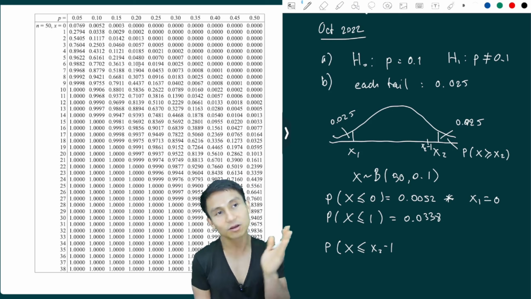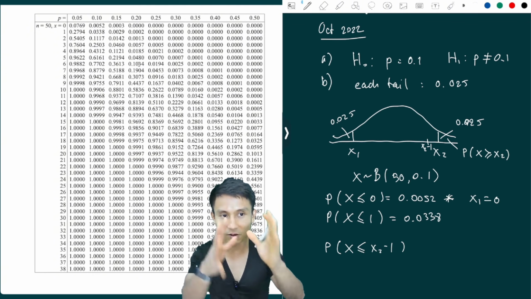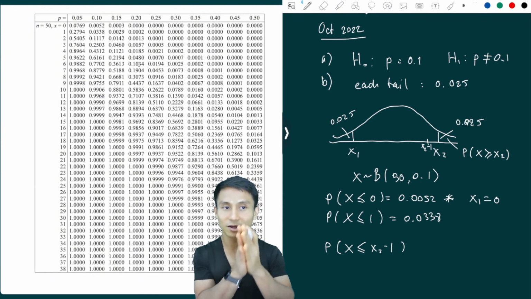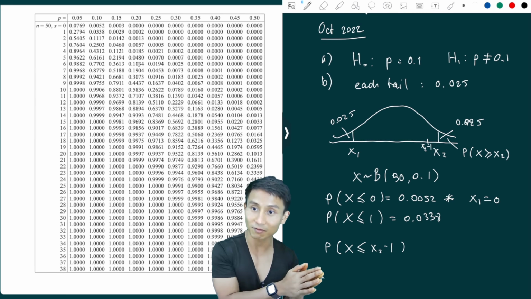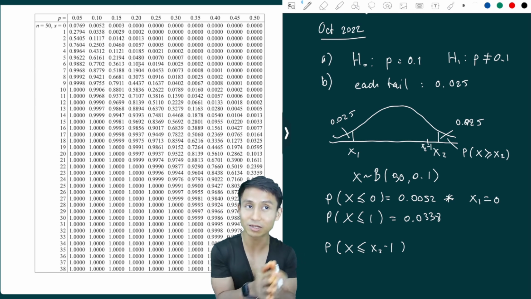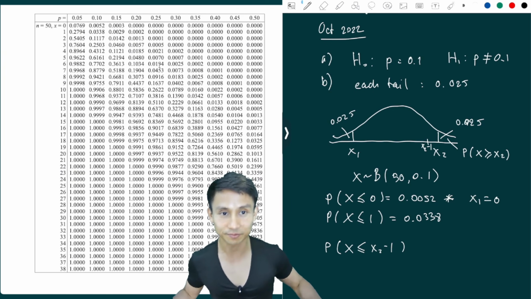So we need to find the one that gives the area of at least 0.975, because that's 1 minus 0.025, so that's 97.5%.